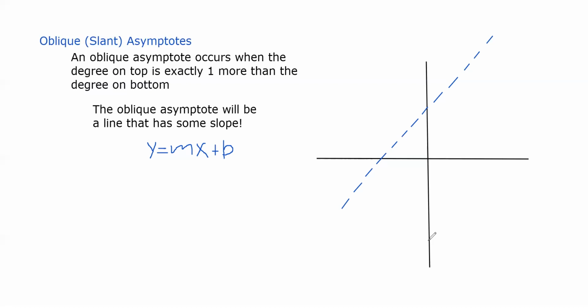It could even do something weird like this. It can cross it at some point, so it can cross the asymptote, which is a little confusing. It can cross it at a few finite stages along the way. What matters is, as you go along the x-axis to positive infinity, the graph is attempting to touch this asymptote, but never actually does touch it. We're going to see a few cases where it's going to cross through it, but that's because the asymptote is not really in play yet. It's not in play till we go to the extreme ends of the graph.